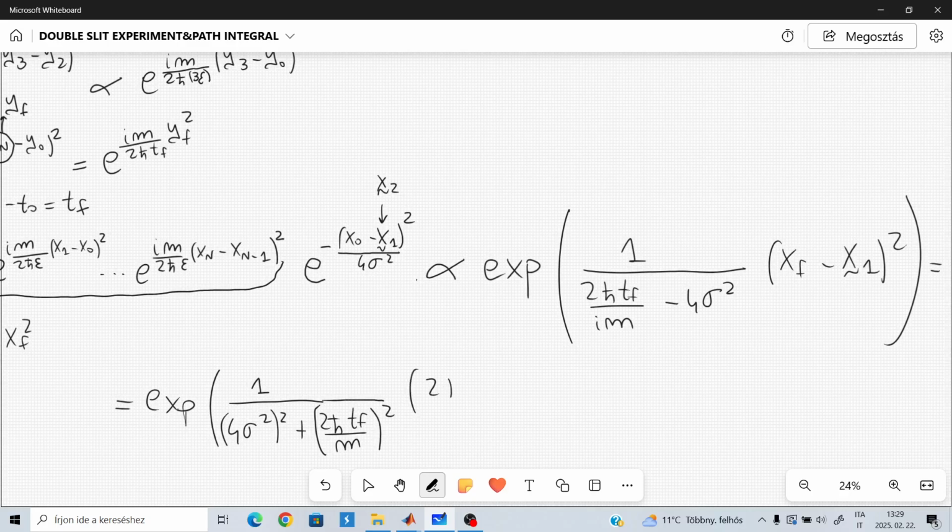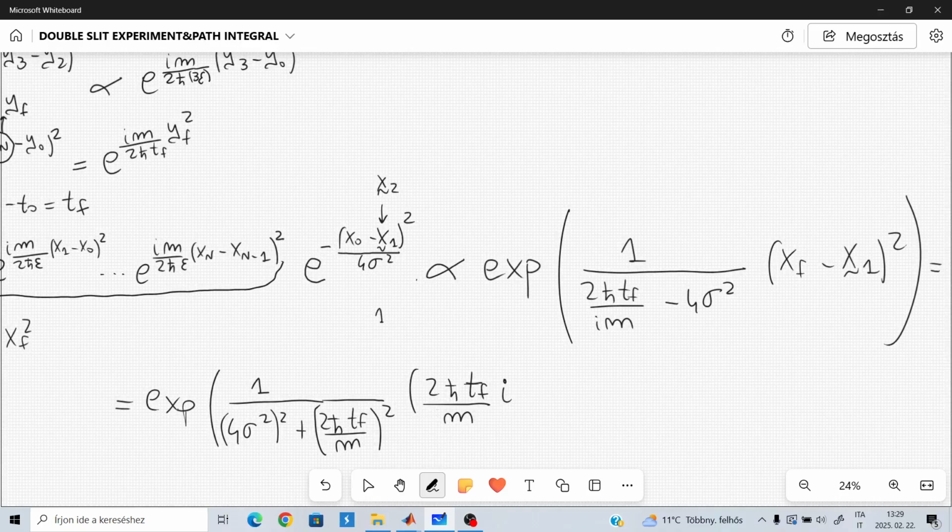Then we have 2h bar tf over minus im, because we have to take the complex conjugate of this, or if you want, we can write it like this, m times I, which is the same. This I is like a minus I in the denominator, if you think about it, right?